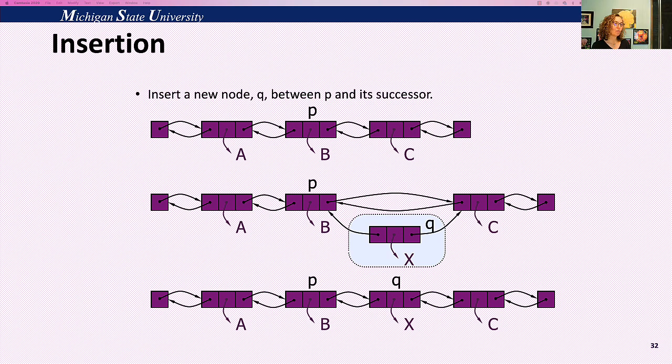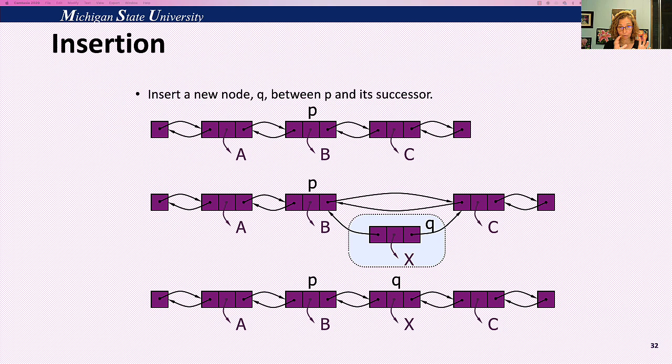If I were to insert a new node called Q between P and its successor, when I bring it in, first you have to instantiate a brand new node that contains the Q, which in this case is element X. So you instantiate that node, its previous reference is ready, its next is ready. So you make sure the element Q's previous is now pointing to node P, and then element Q's next pointer is pointing to node C.